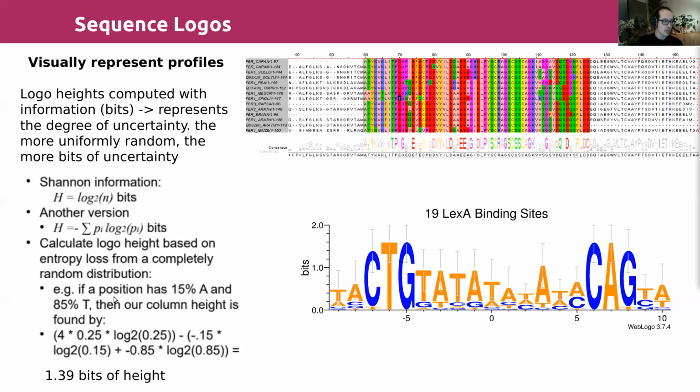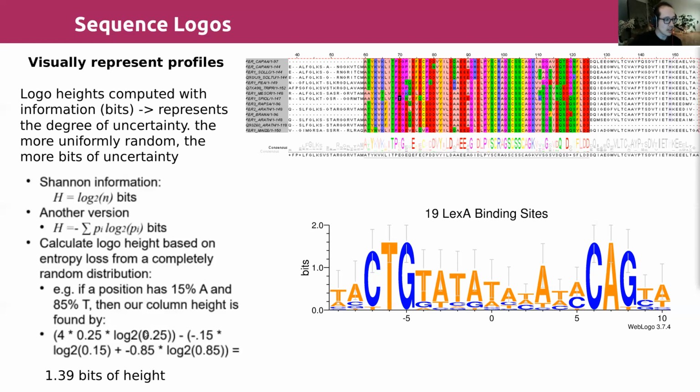For example, if you have a position that is 15% A and 85% T, then we have more certainty than we would about a position that is 25%, 25%, 25%, 25%, right? We know it's probably going to be a T, so we'll be less surprised to see a T than we would be if it were uniform.